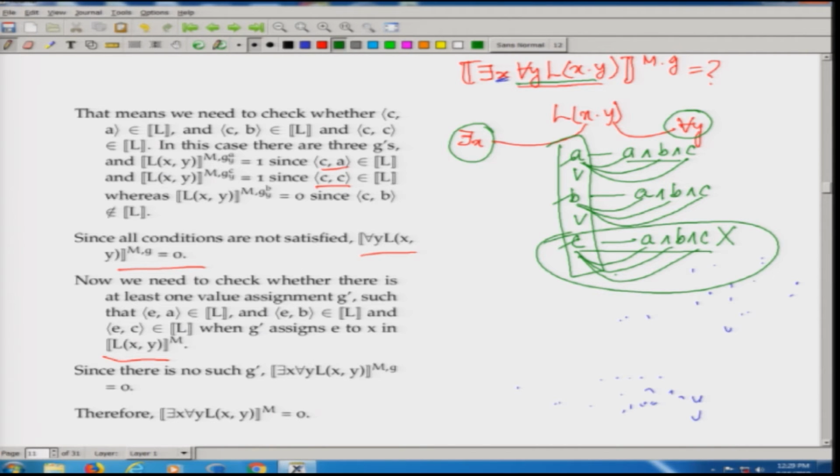That is, is there any value of x which pairs with all other values, if it is A, then like this, or in general we can say it is E. So we are trying to find some value E such that all of EA, EB and EC do belong to L.